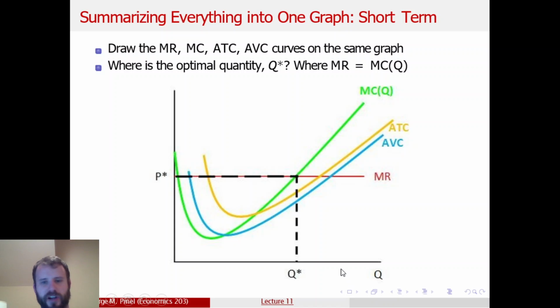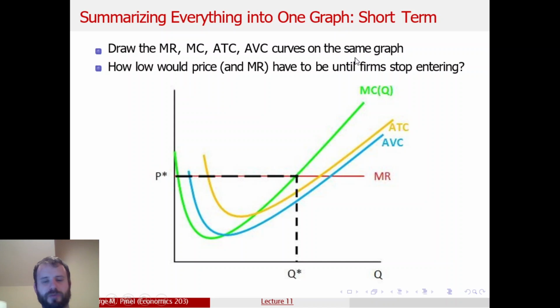All right, so before I get there, no, let's just do it. How low would price and marginal revenue have to be until firms stop entering? Okay, so basically, what's the break-even price? Break-even price is when price equals average total cost. Is it here? No. Why isn't it there?